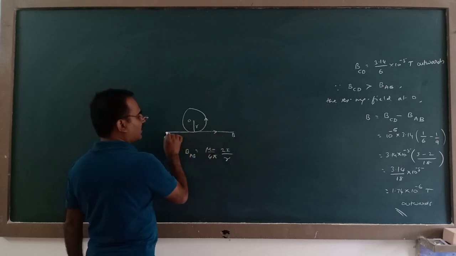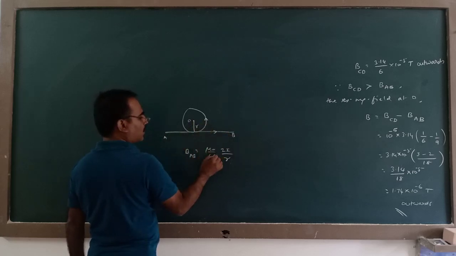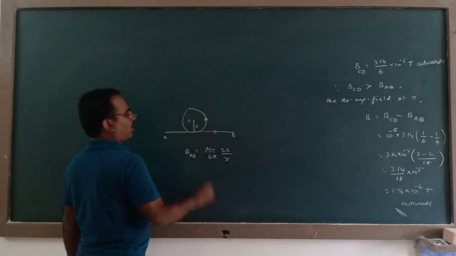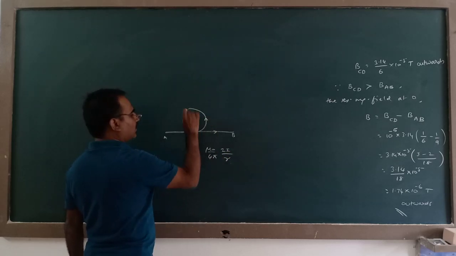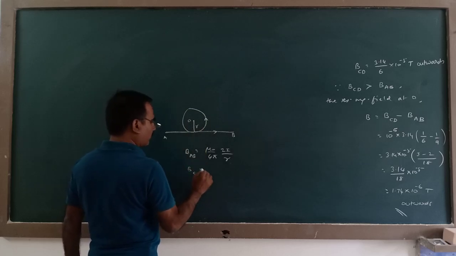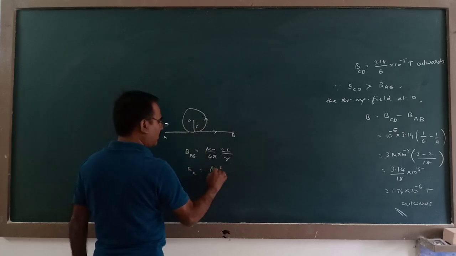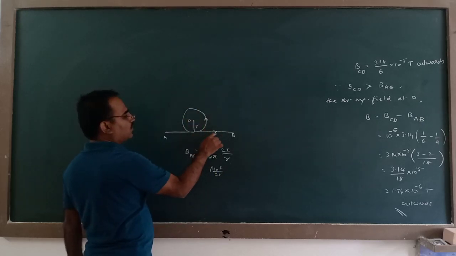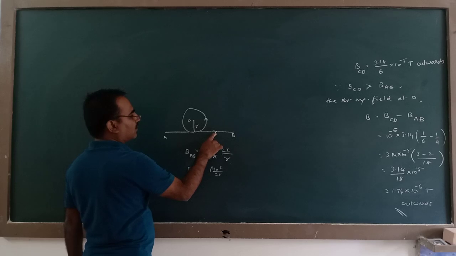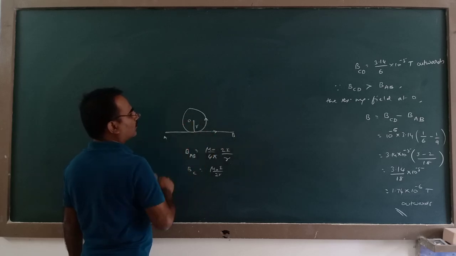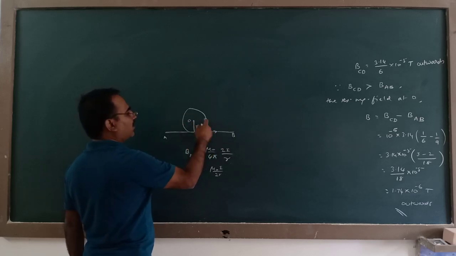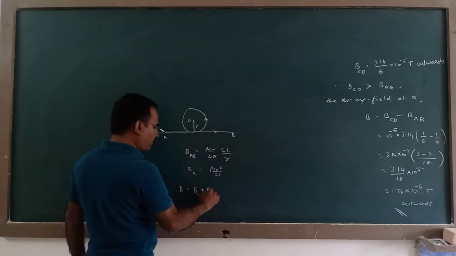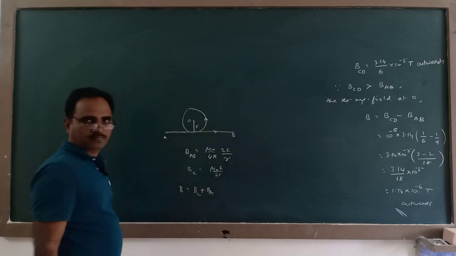So due to this straight conductor AB at this point, it is mu naught by 4 pi 2I by R, and due to the circular conductor, it is mu naught I divided by 2R. So here, due to this current in this conductor, the magnetic field is outwards. Here current is anti-clockwise, so the field is outwards. So the resultant field means it is BC plus BAB, like this.